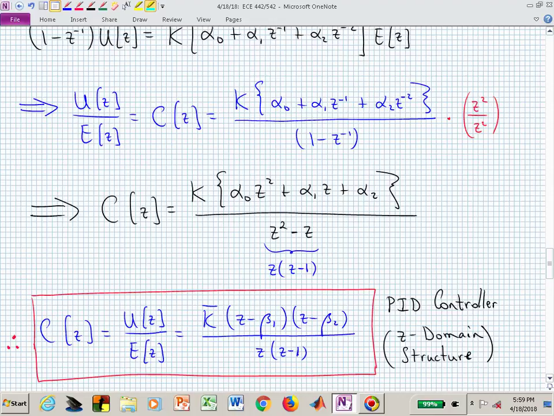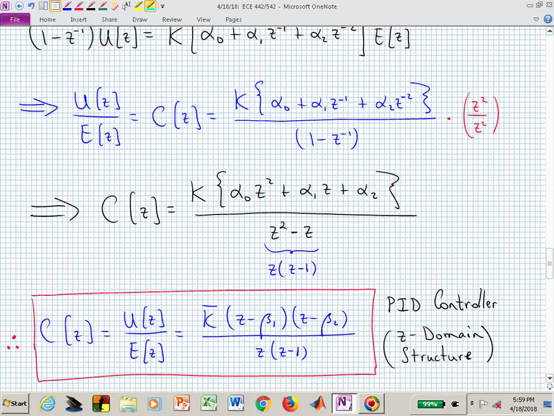So we have z minus beta 1, z minus beta 2. That's a second order polynomial. And downstairs we have z times z minus 1. When I say PID for the z domain, this you can write down. And boom, work with that. You don't have to rederive anything. You can just immediately write down this structure for a PID controller.